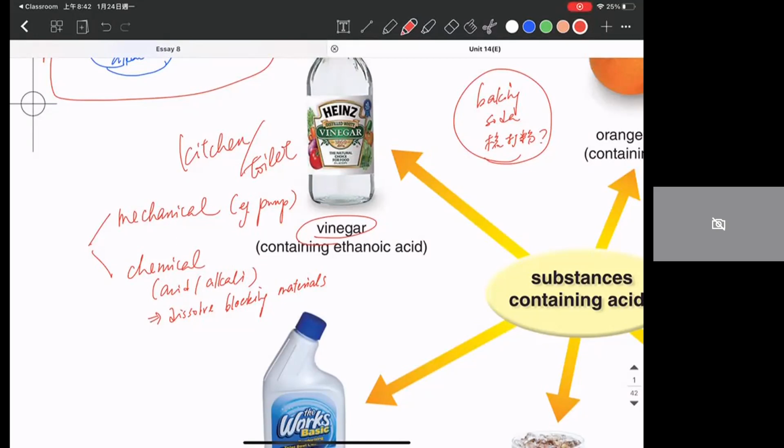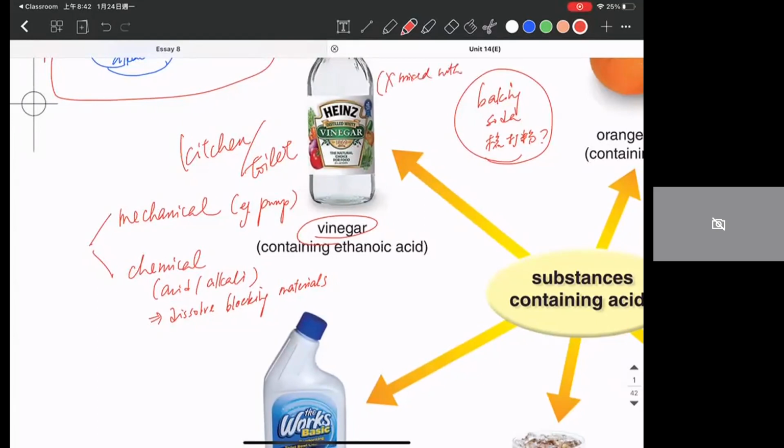Okay? So remember, vinegar cannot be mixed with chlorine bleach, because they will give out chlorine gas, which is toxic.